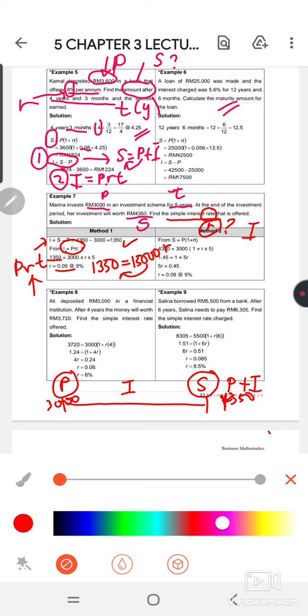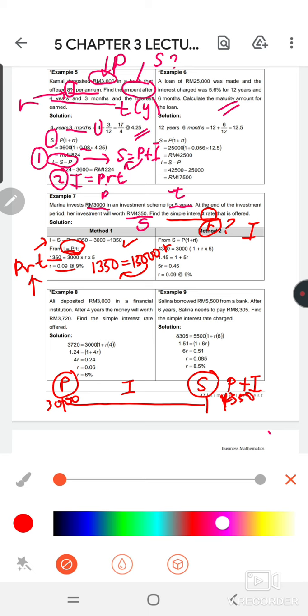Method 2 ni maksudnya kita boleh gunakan formula S equals to P(1 plus RT) terus. Okay, yang method 1 ni maknanya kita kira 1 by 1. Mula awak kira I, and then masukkan dalam formula I equals to PRT. Okay, untuk method 2, S equals to P(1 plus RT). Your S is 4350.